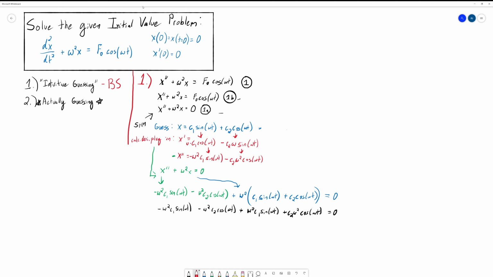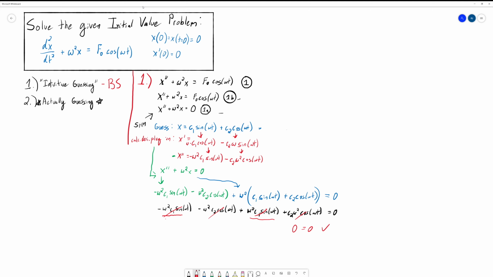We have minus omega squared c1 sine omega t here and a plus omega squared c1 sine omega t here, so these are going to cancel, and similarly these are going to cancel, and the right-hand side is 0.